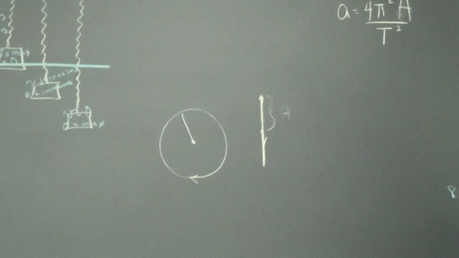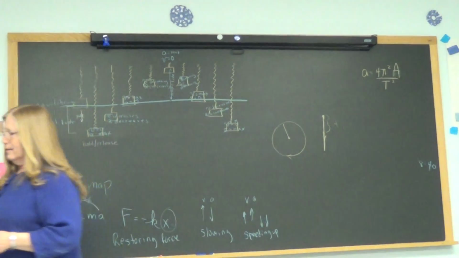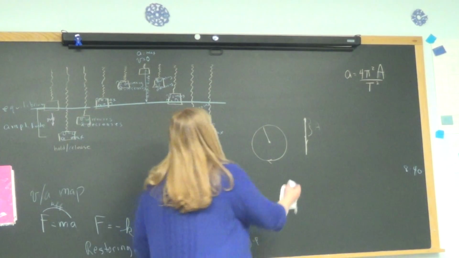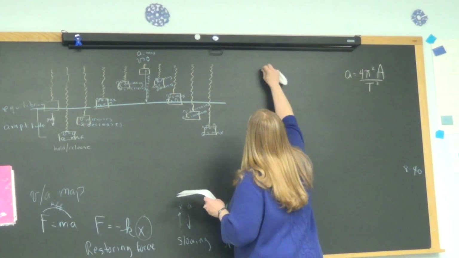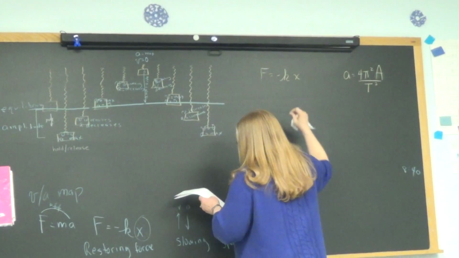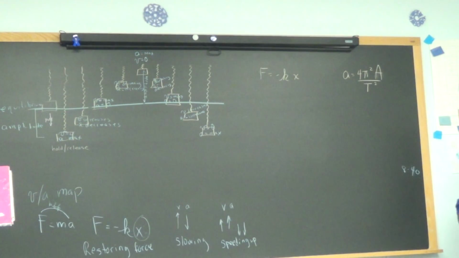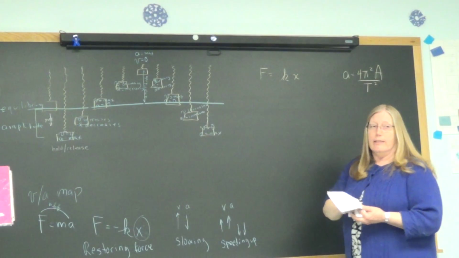All right, let's work our magic with formulas. My board space is gonna peter out on me, so I'll try to start it up high. All right, we know F equals negative kx, but in this case, we are going to drop the fact that there's a negative relationship and just look at the positive part.